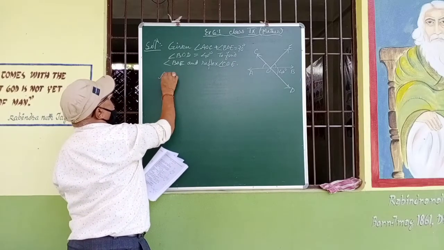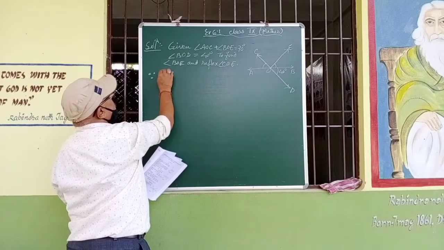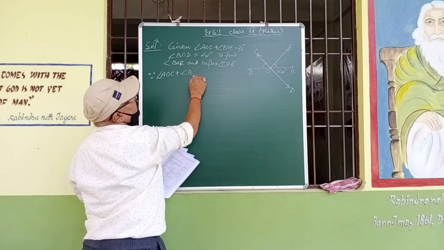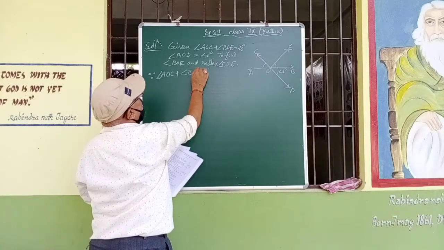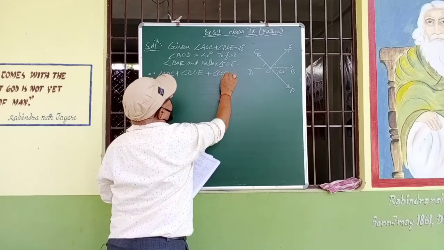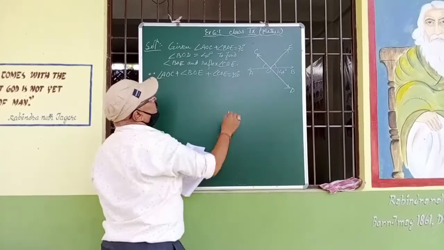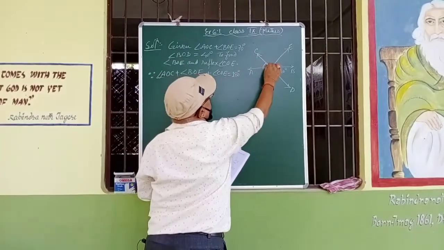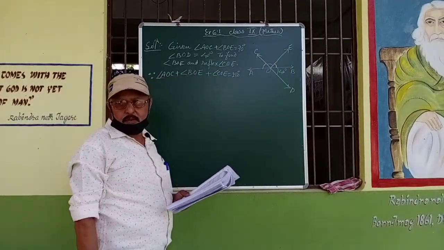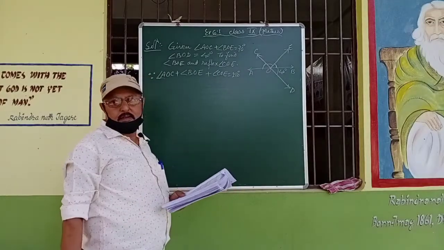So since angle AOC plus BOE plus COE is equal to 180 degree. This angle plus this angle plus this angle, total sum is 180 degree because it is a straight angle.